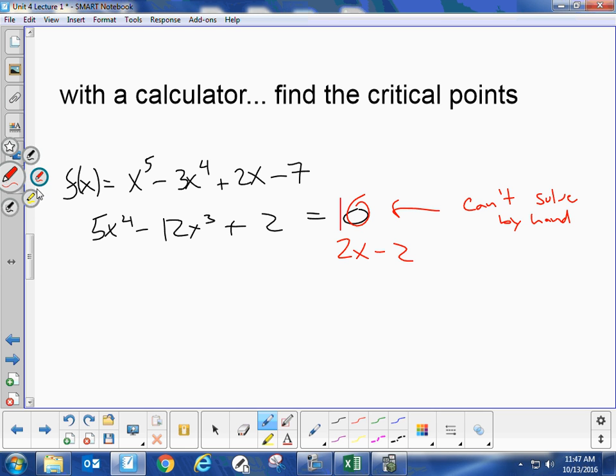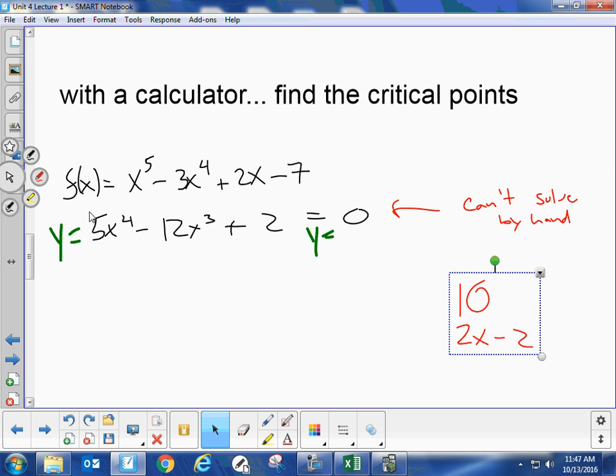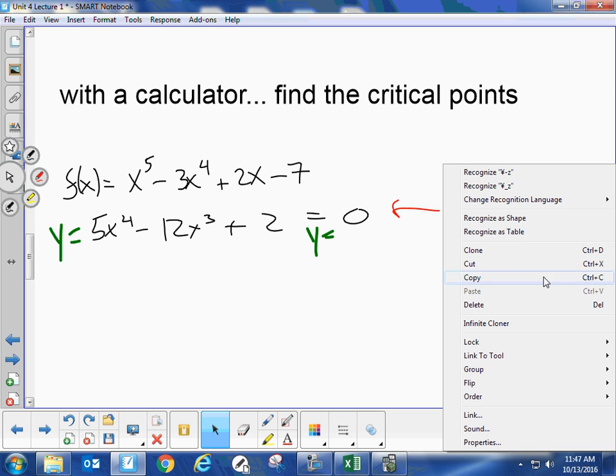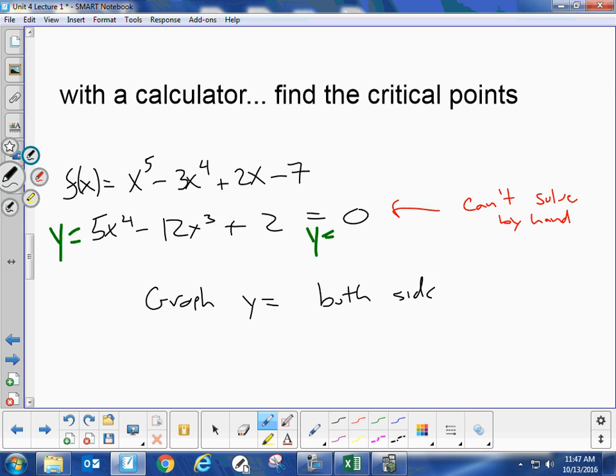To solve any equation, we will just figure out for which x values the y values will be the same. Well, I create two separate equations. I have y equals my derivative and y equals 0. If I graph y equals both sides, and then I find the intersections of those two graphs, I will have solved the equation.